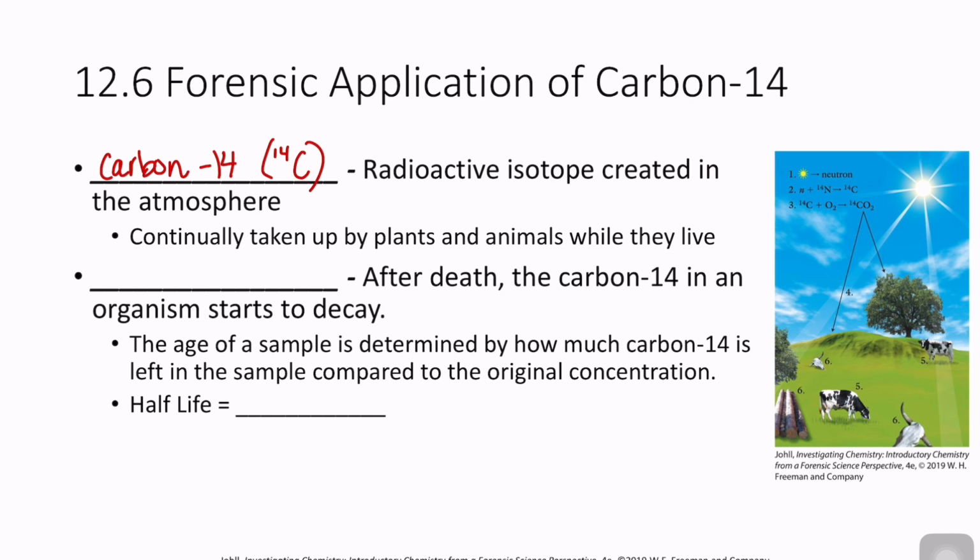So you can do all kinds of carbon dating to determine how long something has been dead, because after death, the carbon-14 in an organism is going to start to decay. So the age of a sample can be determined by how much carbon-14 is left in the sample compared to the original concentration.